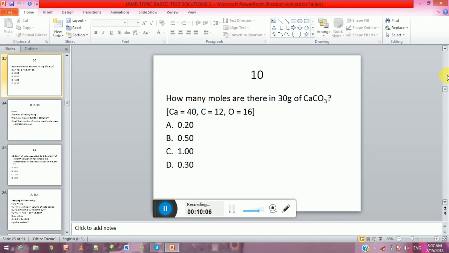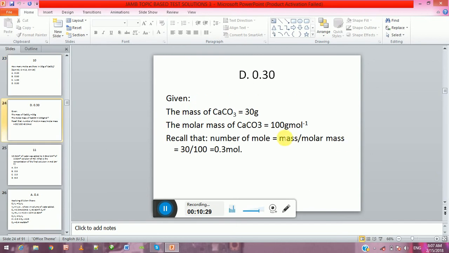So 40 plus 12, then oxygen is 3 times, so 16 times 3. 16 times 3 plus 12 plus 40 will give you 100. That's how we got that the molar mass of calcium carbonate is 100.